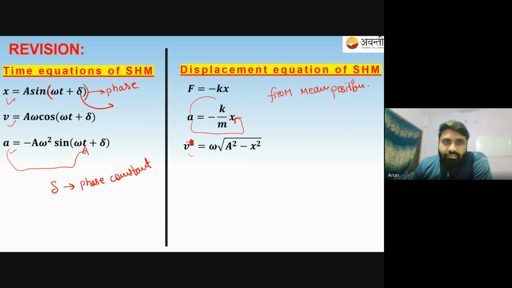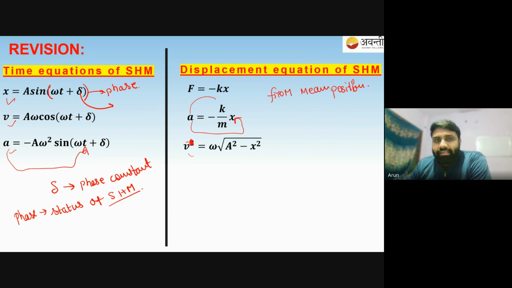What is the function of this phase? The phase tells us about the initial status of the SHM. The body which is executing SHM, this phase tells us about the status of that, like at which position it is at what time.